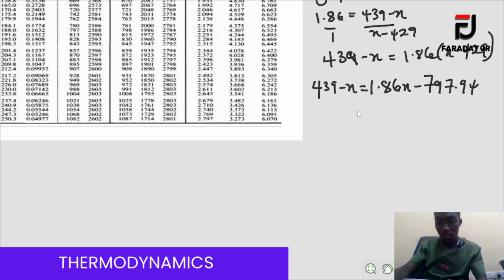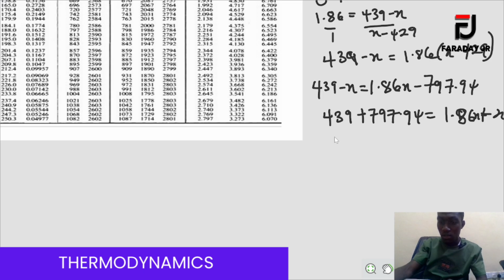Now you bring this here, so this becomes 439 plus 797.94 is equal to 1.86x. And this one comes here and becomes plus x. So at the end of the day, we have 439 plus 797.94, which gives 1236.94.